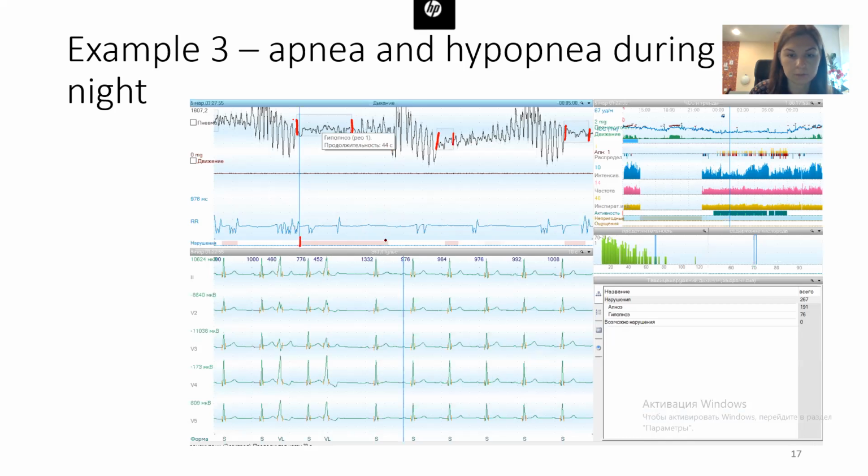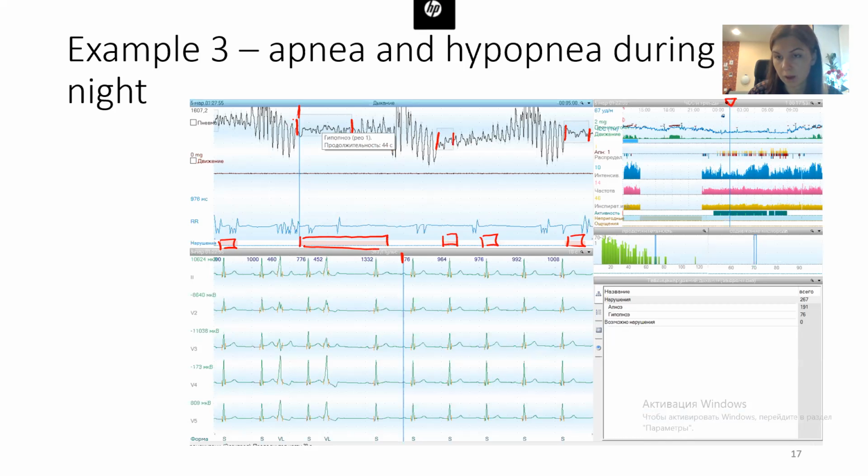We may also see these events here. So here we have some apneas and hypopneas on this screen. We also have a synchronized ECG signal, and you also see this cursor, here and here.